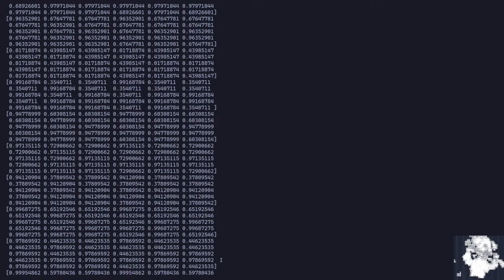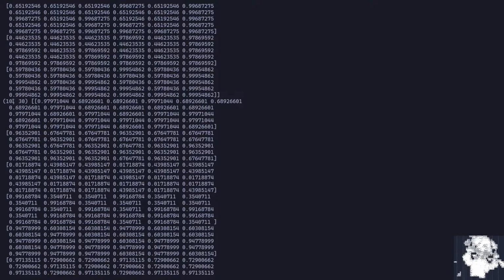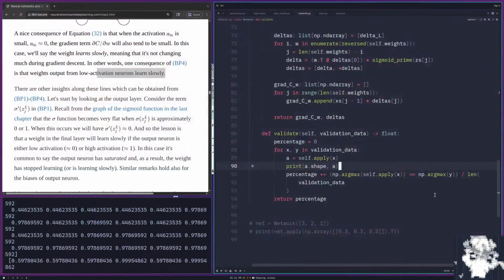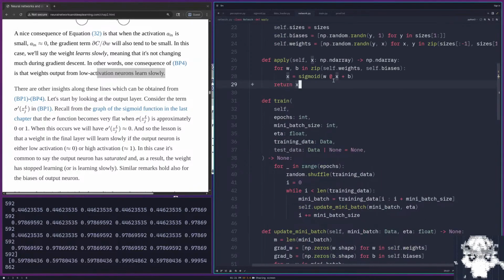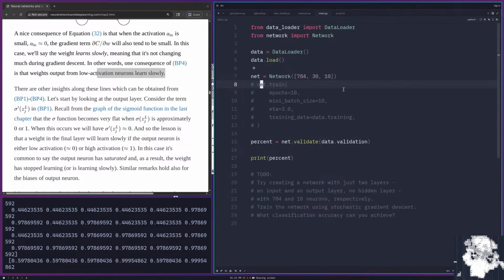Oh, because it's a matrix, so this is all part of one of them. It's 10 by 30. Okay, our forward propagation is messed up. Then let's not even try to propagate.